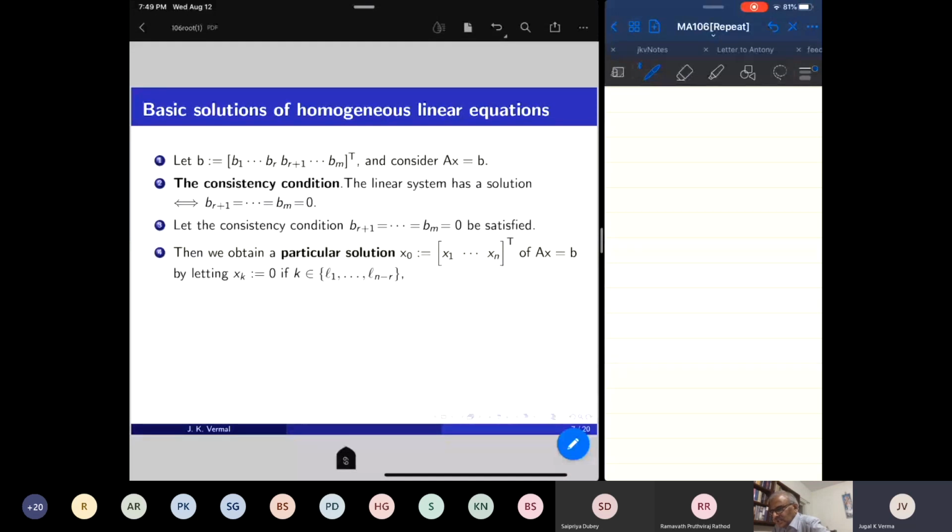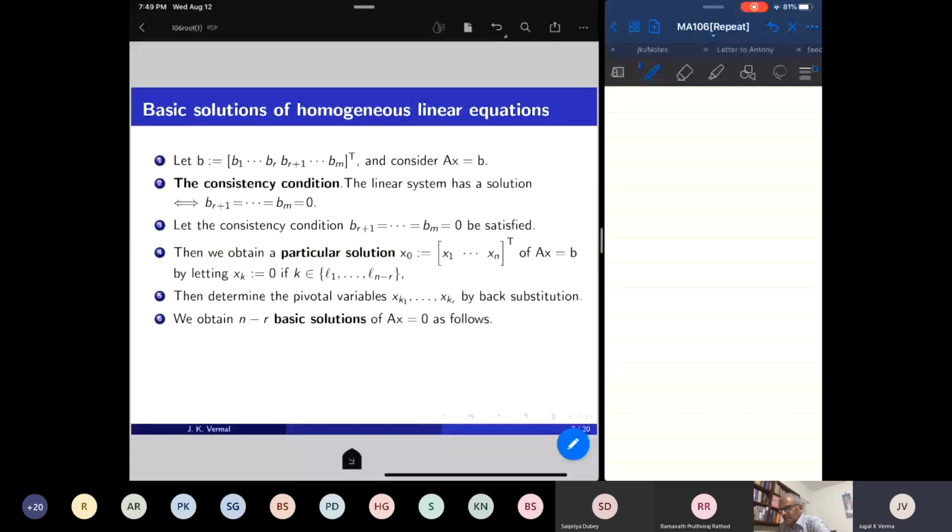So to find a particular solution of Ax = b, we can set all the non-pivotal variables equal to 0, that is, xk = 0 if k belongs to {l1, l2, ..., l(n-r)}. Then we determine the pivotal variables xk1, xk2, ..., xkr, and by using back substitution, we can find them.